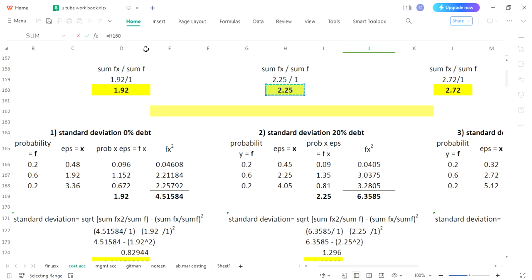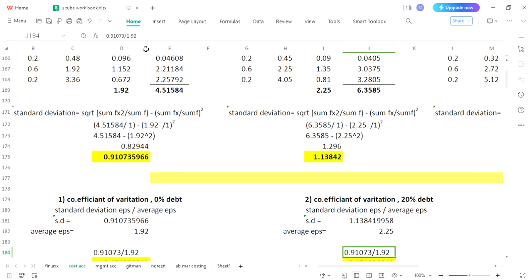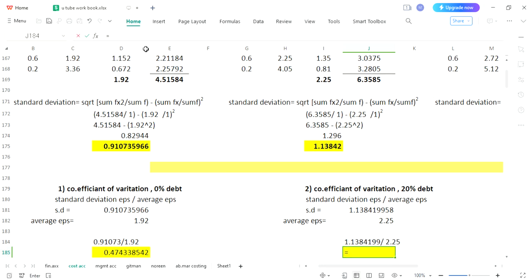This is your average EPS. We are now open to put it in our statement: 1.13842 divided by 2.25. Let me check it. 1.13842. Okay, it can be written in this way.